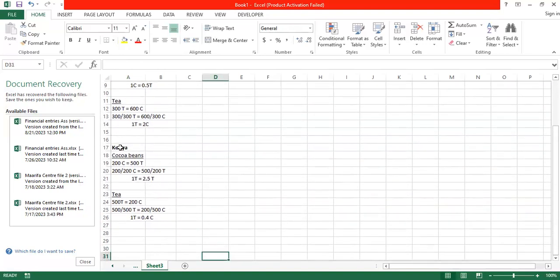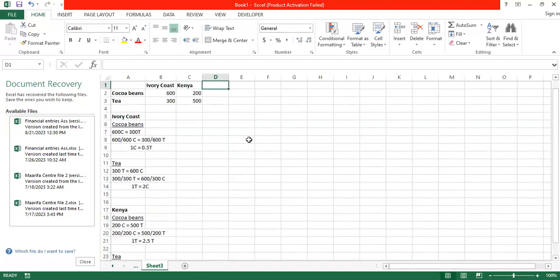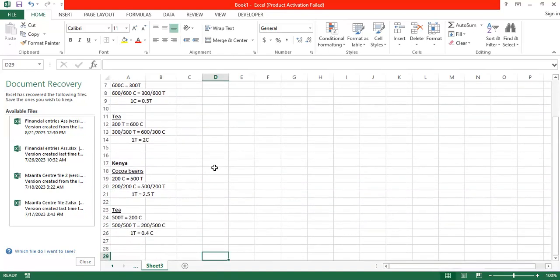Let's start, can we go up a bit to what is this? To Ivory? So for Ivory, it's cheaper to do cocoa beans, because you only lose 0.5.